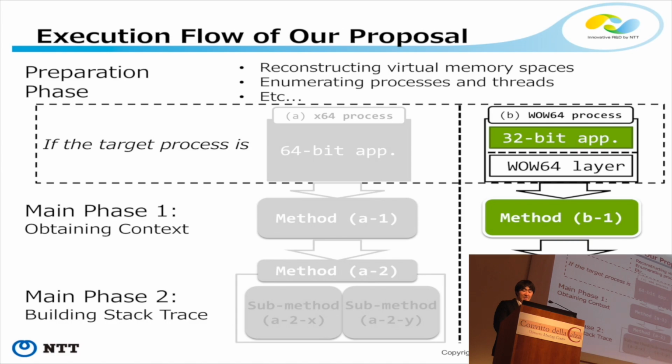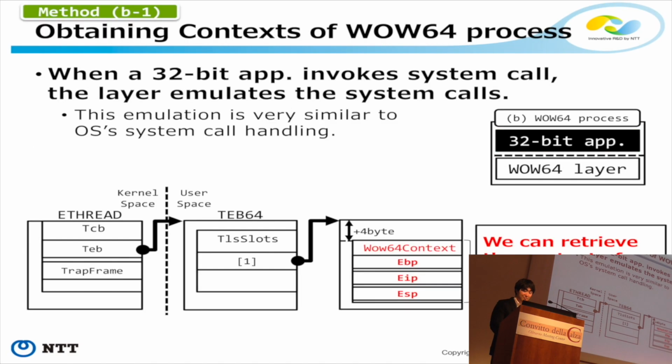Next, I'll introduce our method for WOW64 processes. Similar to our method A, method B first gets the user context of a 32-bit application. When a 32-bit application invokes a system call, the emulation layer emulates the system call.